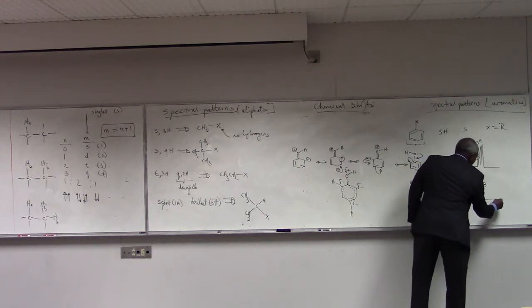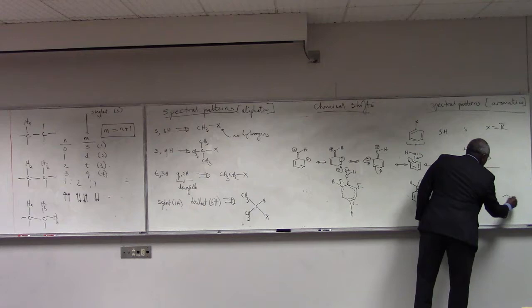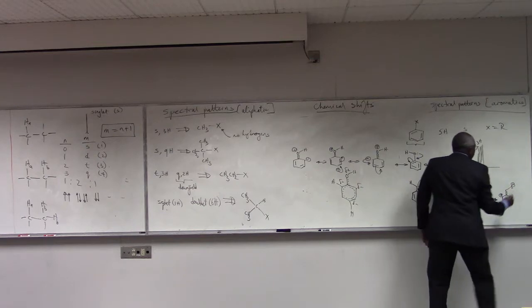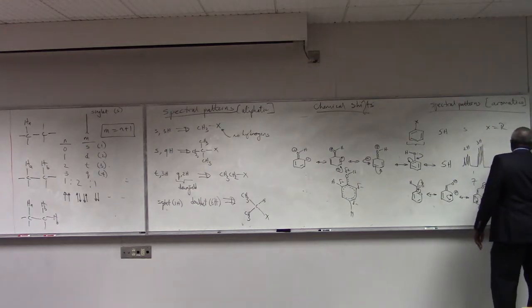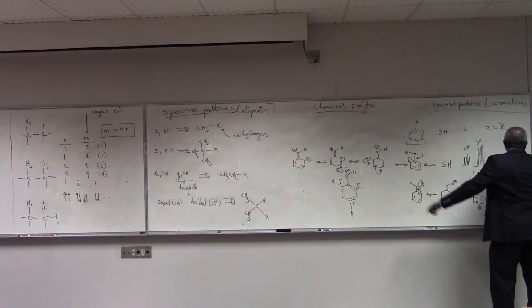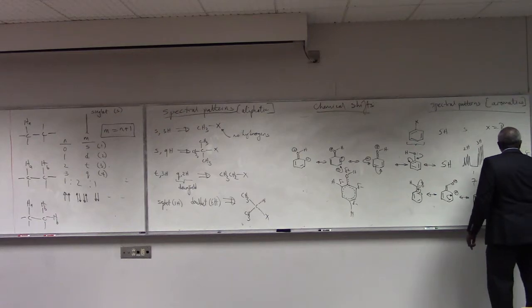Well, I'm going to draw them all. So if I were to draw the hybrid for this one, it kind of looks like that, but the charge distribution is different.